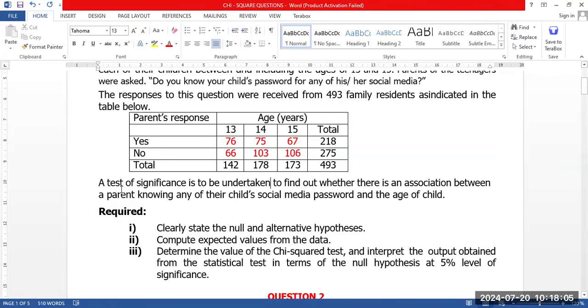And they are telling us that a test of significance is to be undertaken to find out whether there is an association between a parent knowing any of their child's social media password and the age of the child.